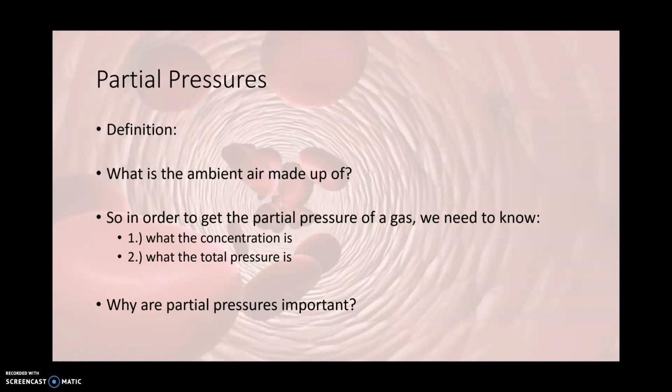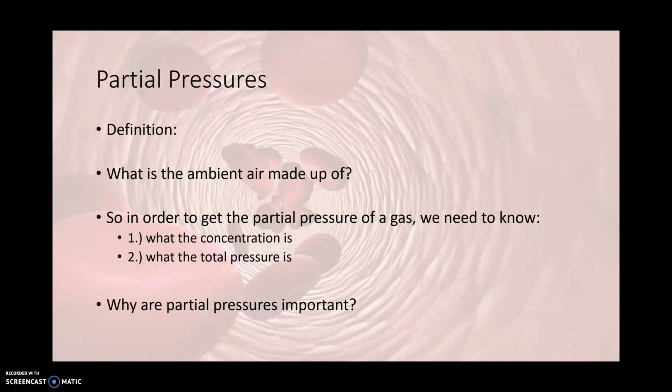So if I asked you, what is the partial pressure of nitrogen in the ambient air? We know that it is 79%, so we would take 0.79 times 760, which is our total pressure, and we get 600.4. So the partial pressure exerted by nitrogen alone is about 600 millimeters of mercury by itself.